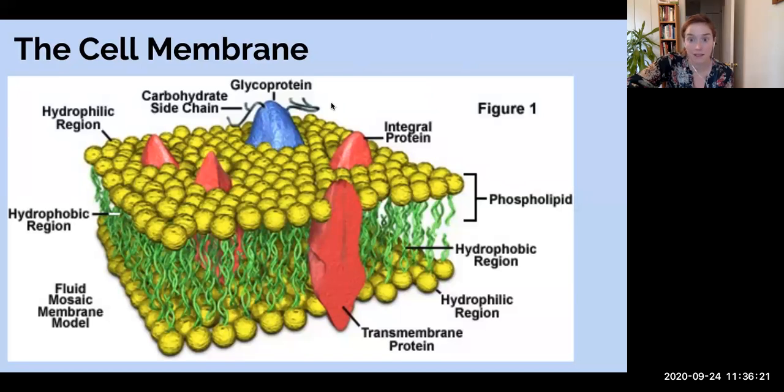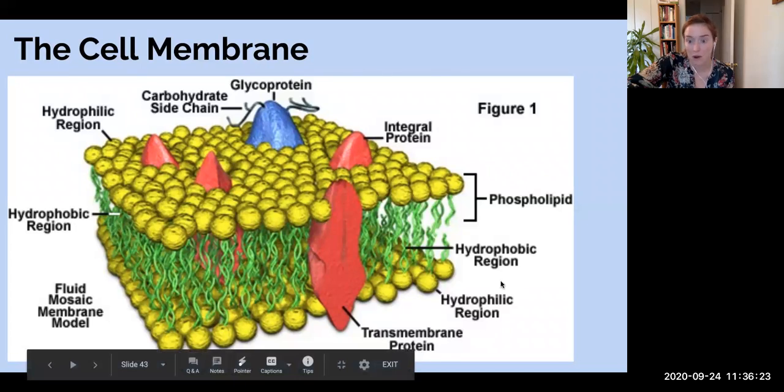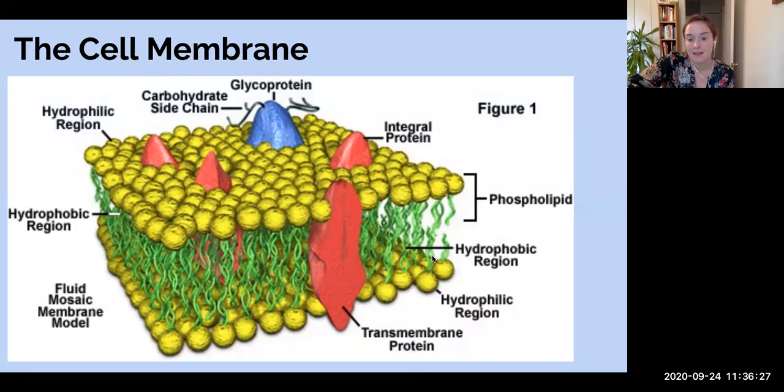It's all water outside the cell. It's all water inside the cell. So the hydrophobic parts, these fatty acid tails, are like, no water, I don't want to be anywhere near you. And so they always orient in towards one another, and the heads face out.